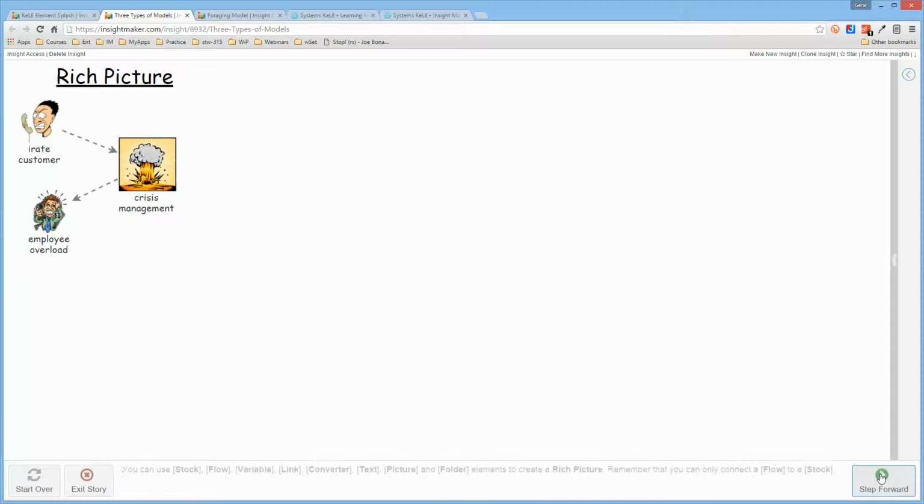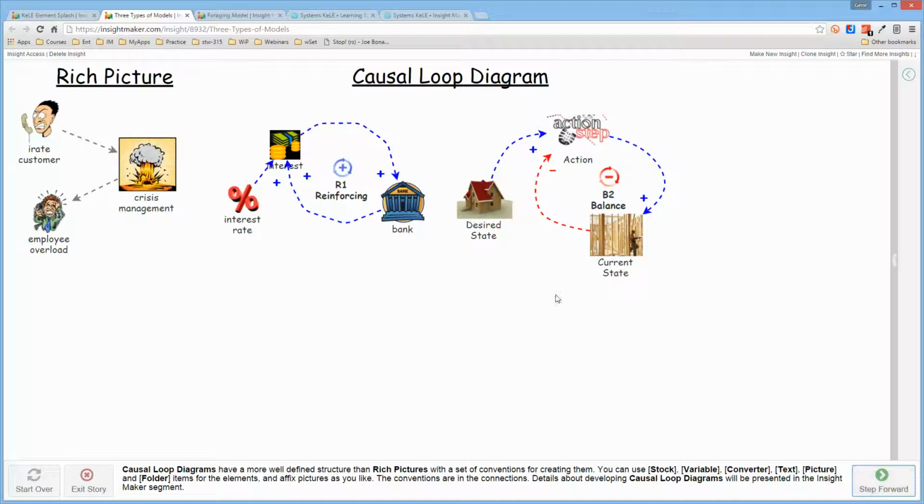The second type is called causal loop diagrams. The initial definition of causal loop diagrams didn't use images, it was just text. Though there's a very well-defined set of rules under which you define relationships and what the relationships mean, so that the plus sign means that this is a relationship that causes the link to change in the same direction, as when interest increases, and it increases in the other direction also.